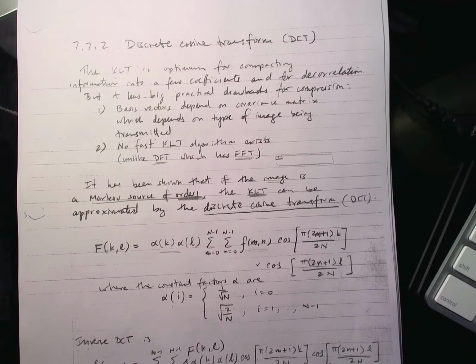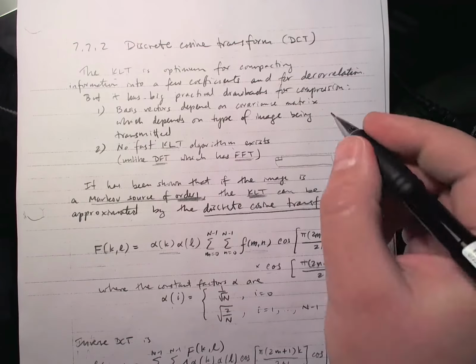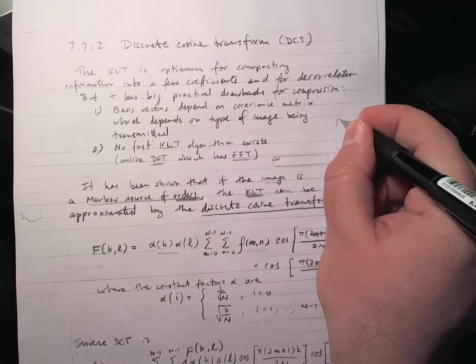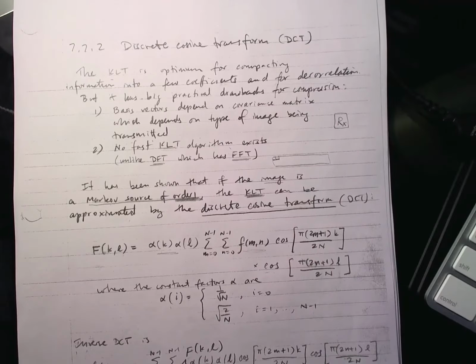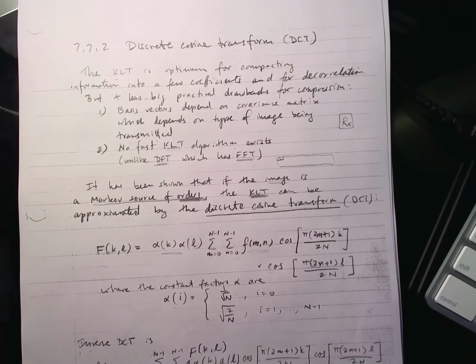But that approach that I described for image compression wasn't so practical because it really relied on your knowing ahead of time the kinds of images you would have, because it had in it this matrix Rx which had statistics about the images, and you may not know that ahead of time.